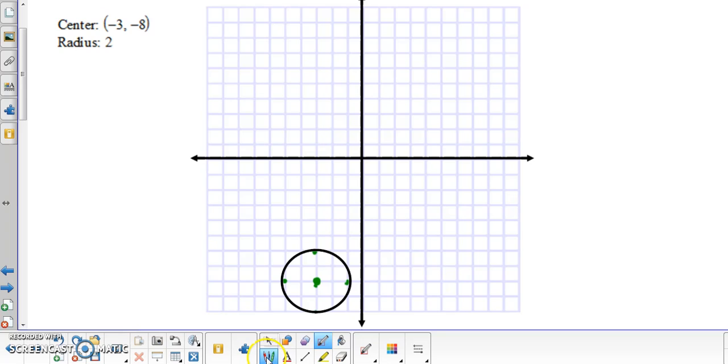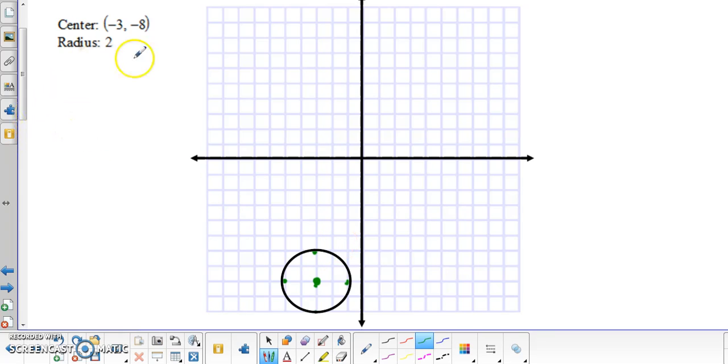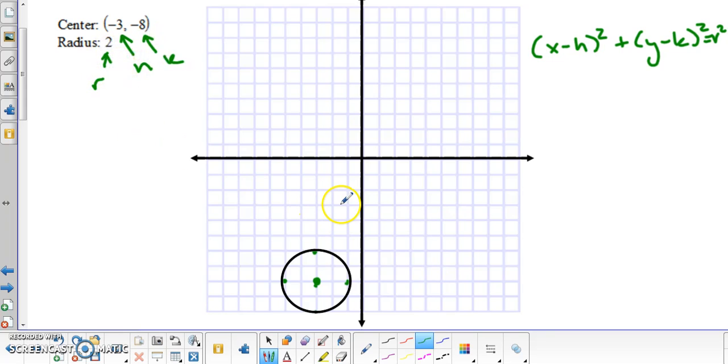All right. Now, if I was going to take this and put this into standard form, what I would need to know is my equation is (x - h)² + (y - k)² = r², where that's my h, that's my k, and this is r.